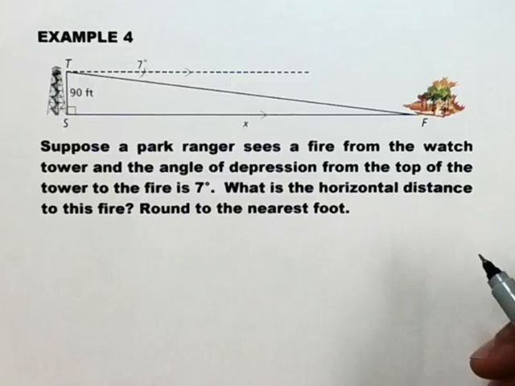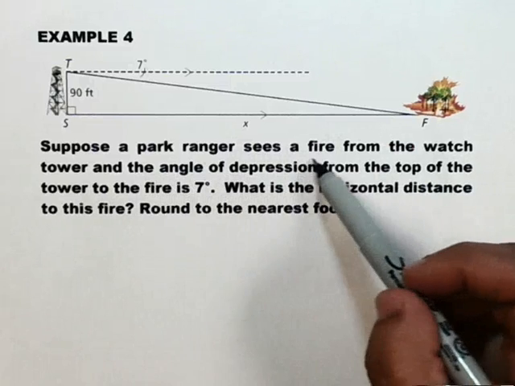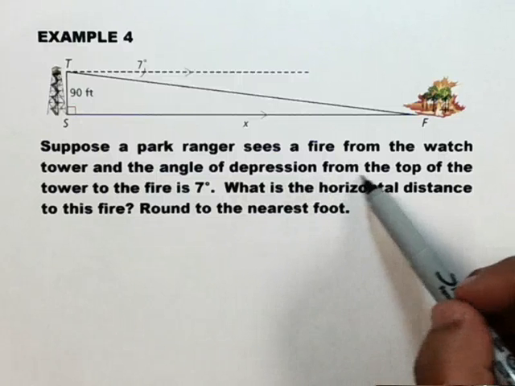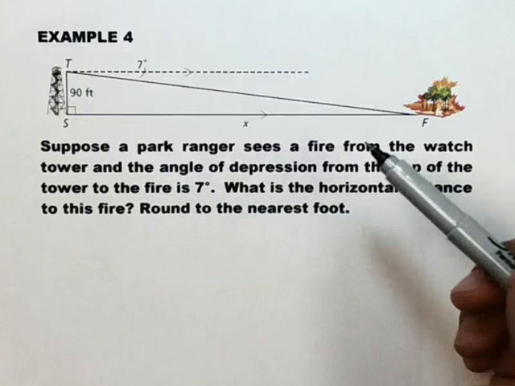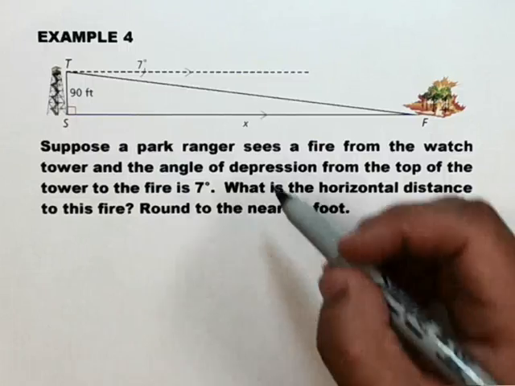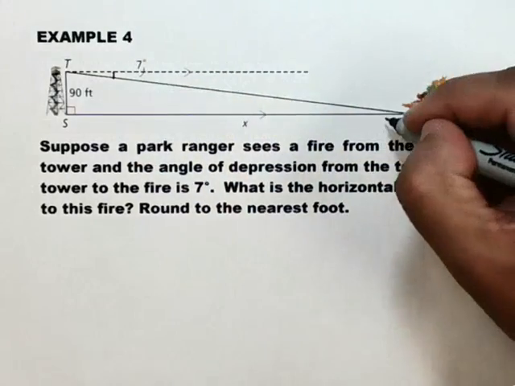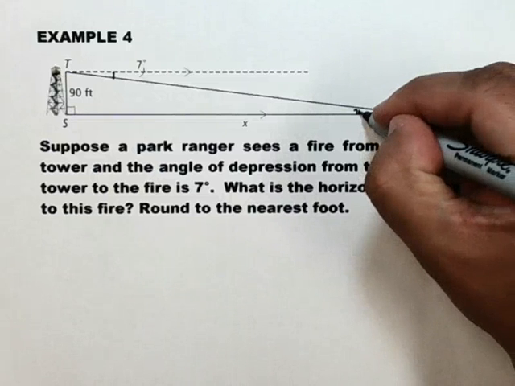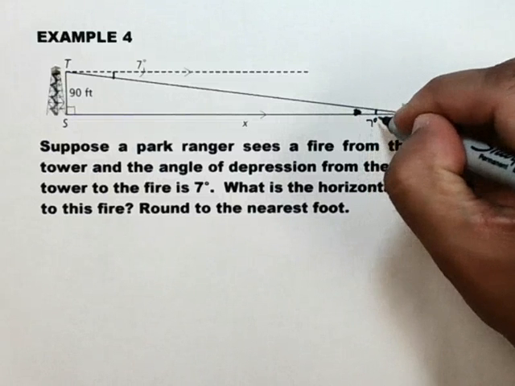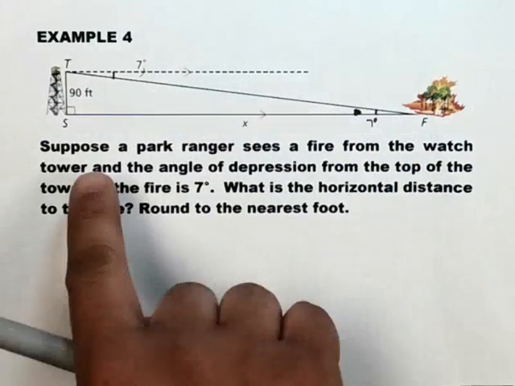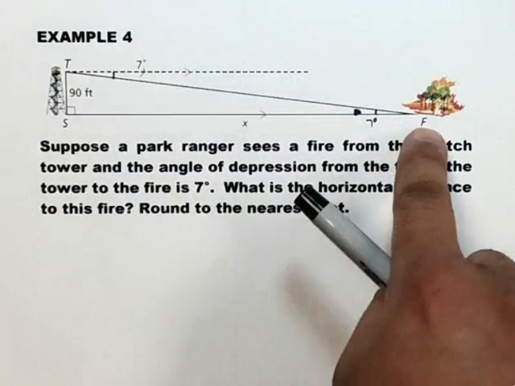All right, next question. Suppose a park ranger sees a fire from the watchtower and the angle of depression from the top of the tower to the fire is 7 degrees. What's the horizontal distance to this fire? So again, if this angle here is 7 degrees, then this little angle over here is going to be 7 degrees. And we want this entire distance from the station to the fire.